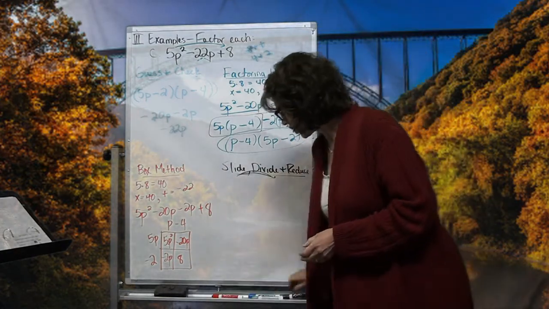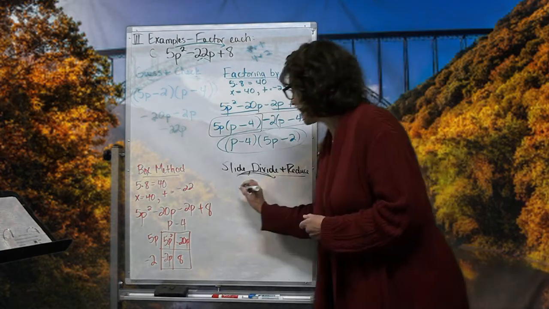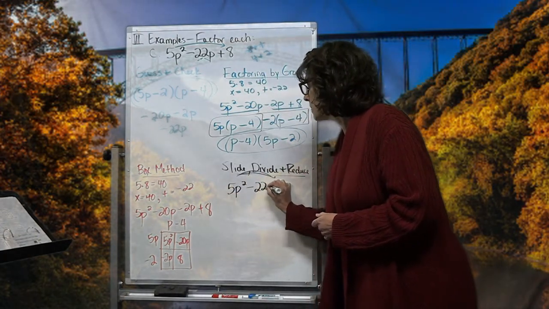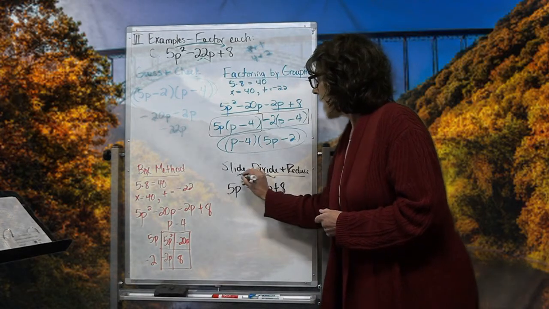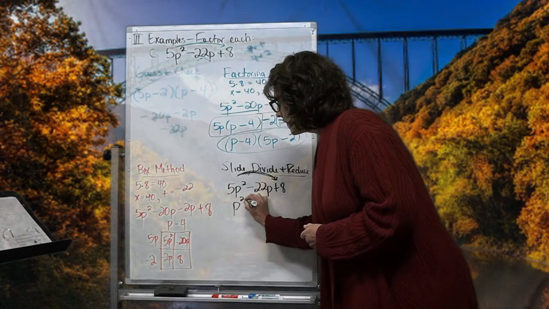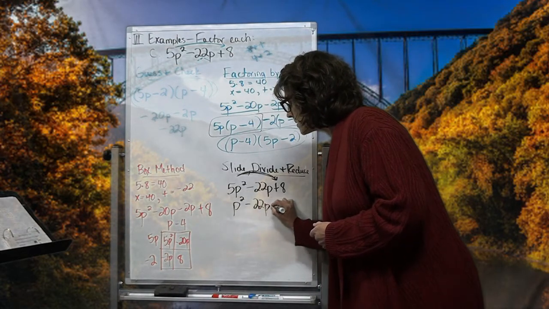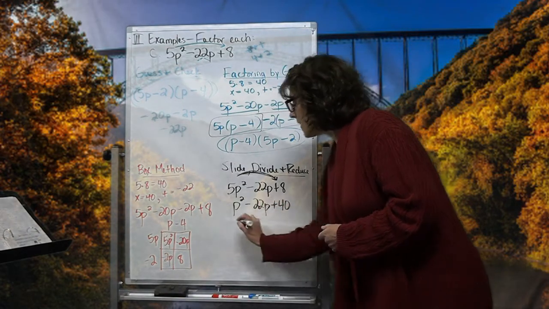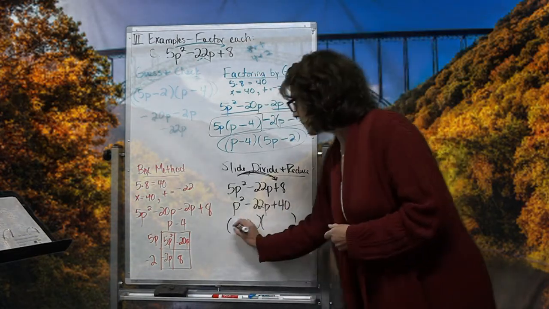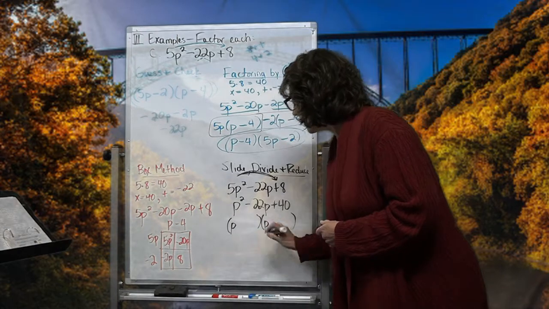And now finally, let's try that slide, divide, and reduce one more time. So I'll start with my 5p squared minus 22p plus 8. I will slide that to the back by multiplication, and that number should be familiar because there's that 40 again. And that should be familiar because as I try to split this up into a double parentheses, I'm going to split it up as a p and a p.